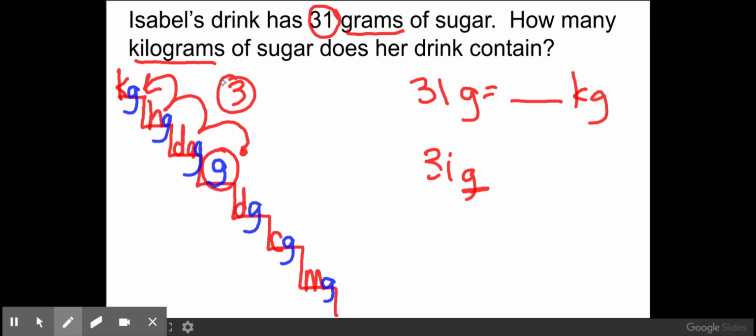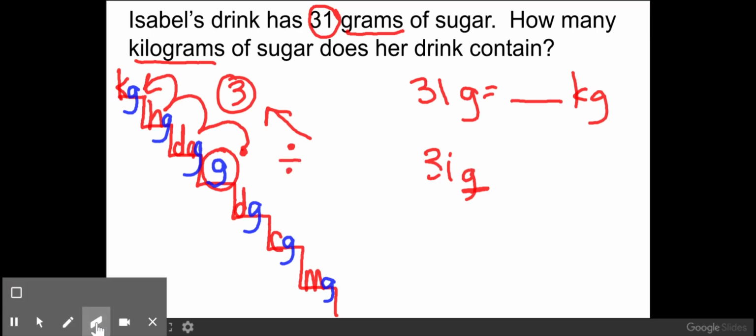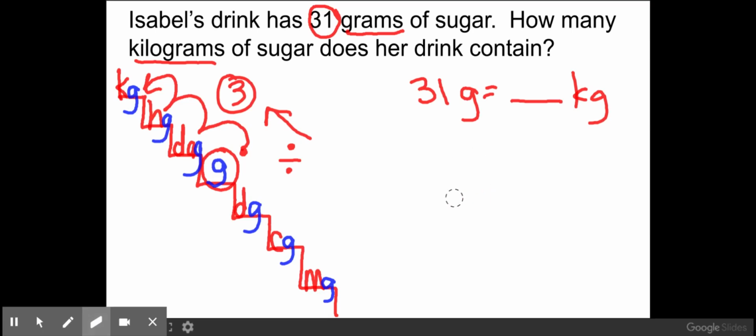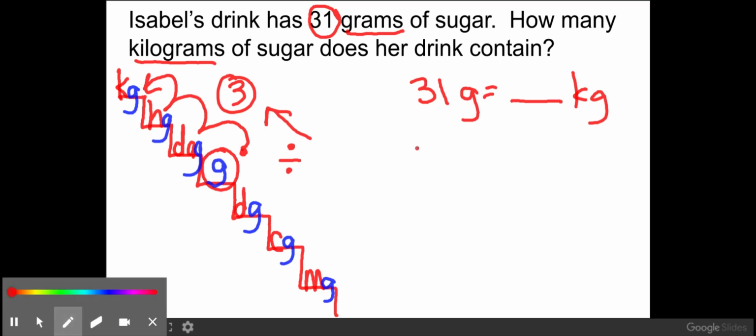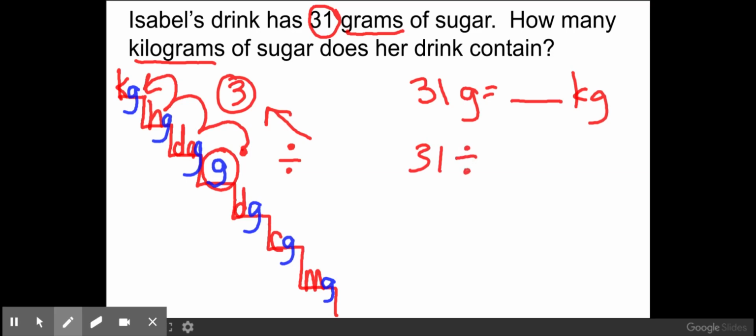So, because I'm going up the ladder, I must remember that that means I'm dividing. Okay, so I'm taking my 31 grams divided by 10 to the third power.